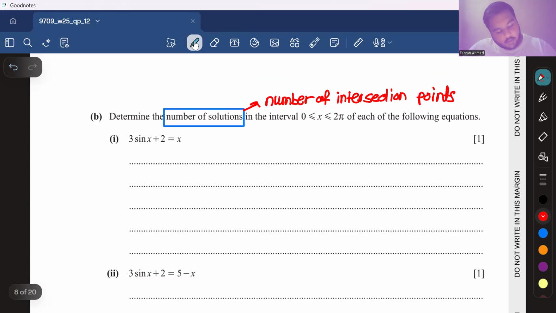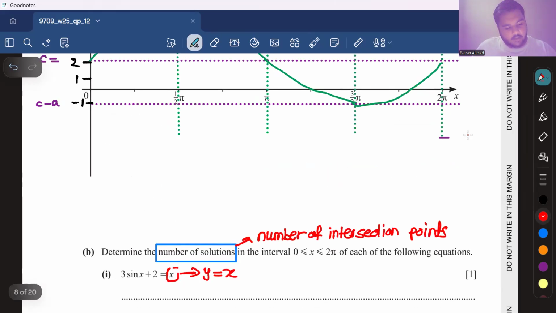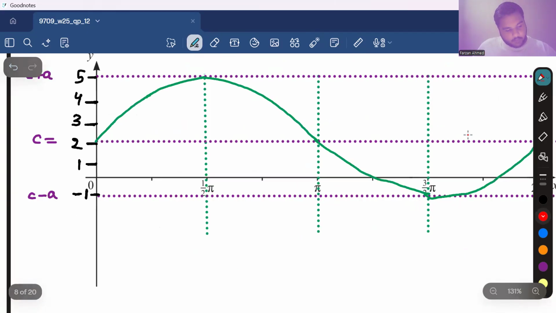So this is y equals x. This is y equals x. So 3 sine x plus 2, and y equals x. So here is the point.